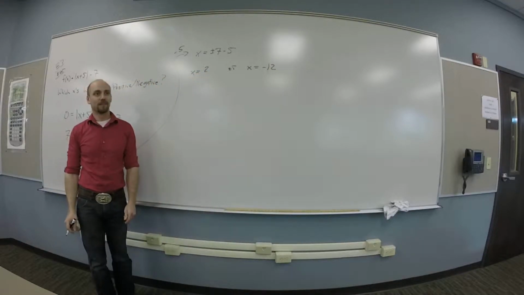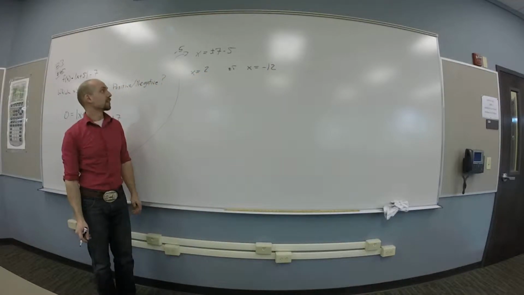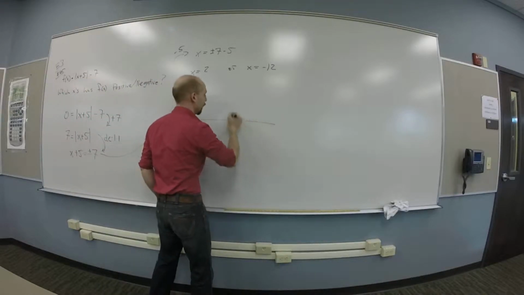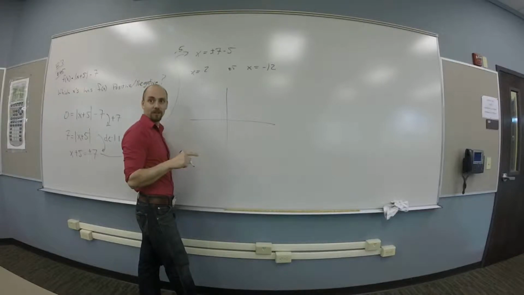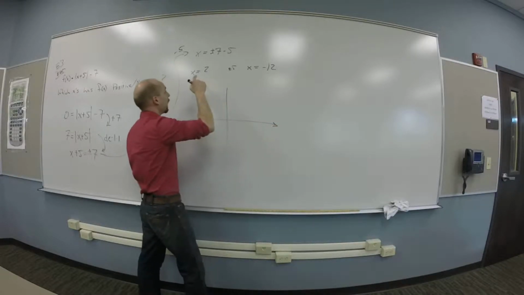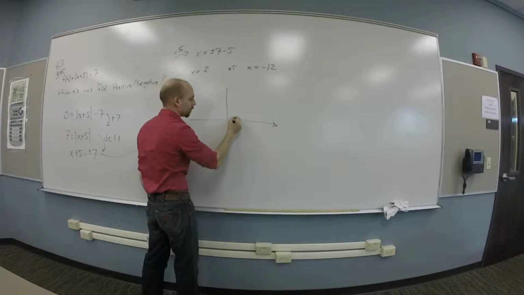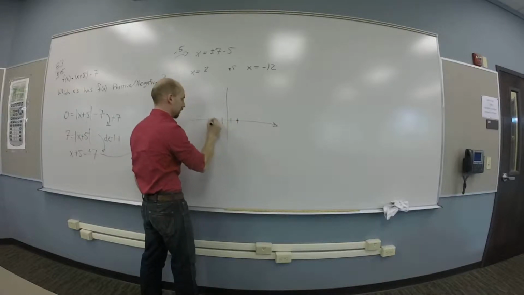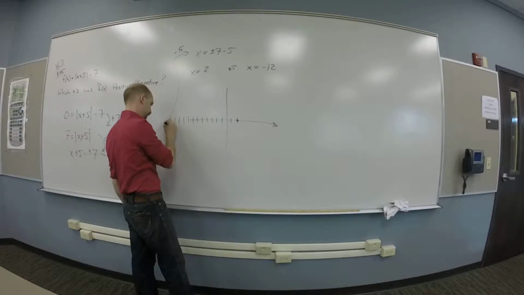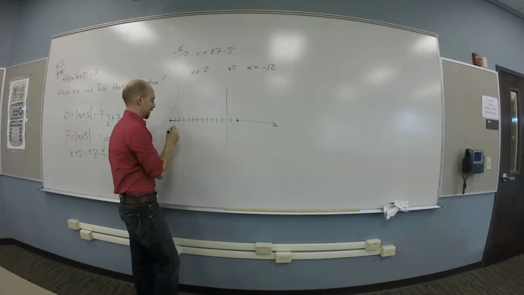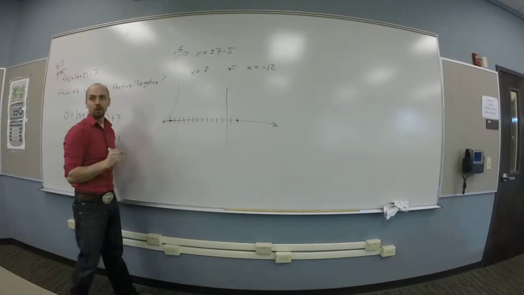You guys see that? So this means that whatever my picture looks like, it goes through y equals 0, the x-axis, at x is 2 and x is negative 12. So there's my 2.